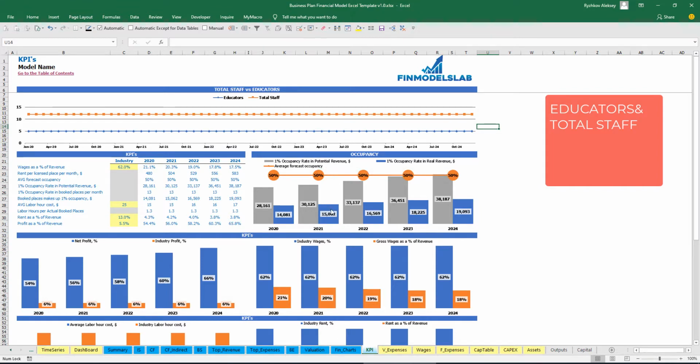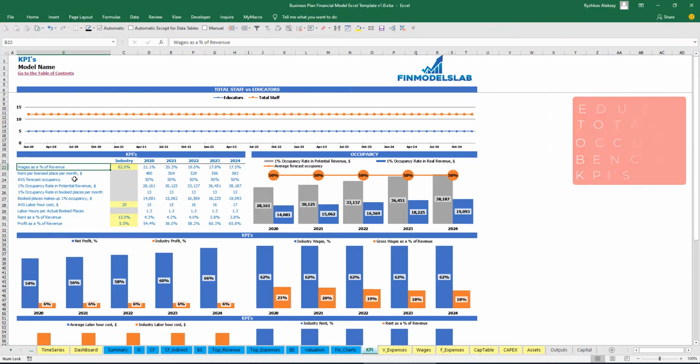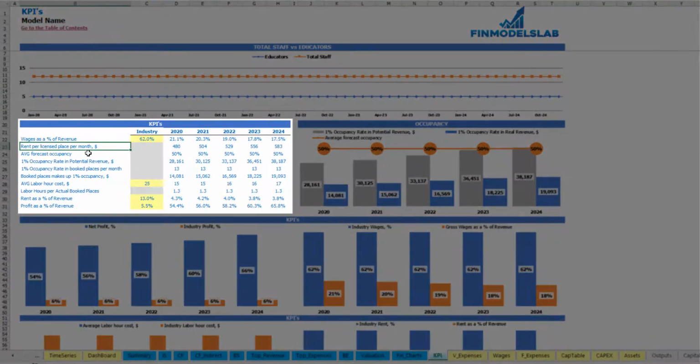Additionally, you may see the occupancy chart and all the charts related to benchmark indices such as wages as a percentage of revenue, rent per licensed place per month, average forecast occupancy, occupancy rate and potential revenue, occupancy rate and booked place per month, booked places makes up to 1% occupancy, average labor hour cost, labor hours per actual booked places, rent as a percentage of revenue, and profit as a percentage of revenue.